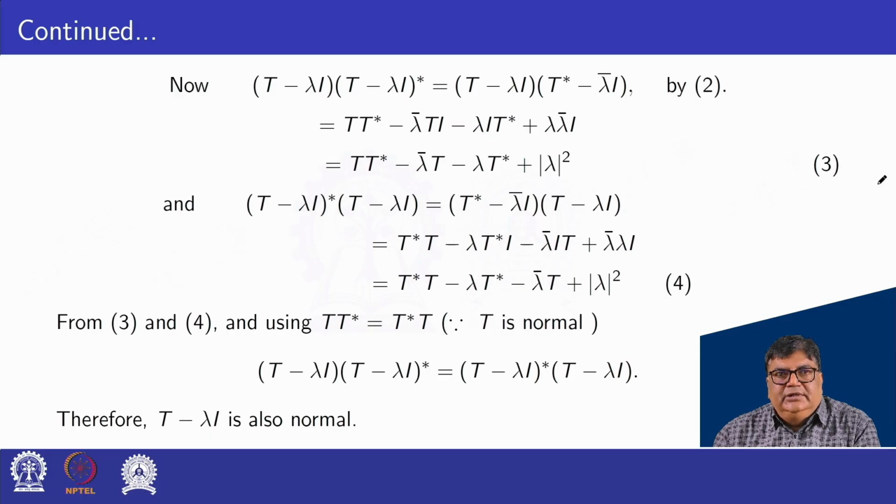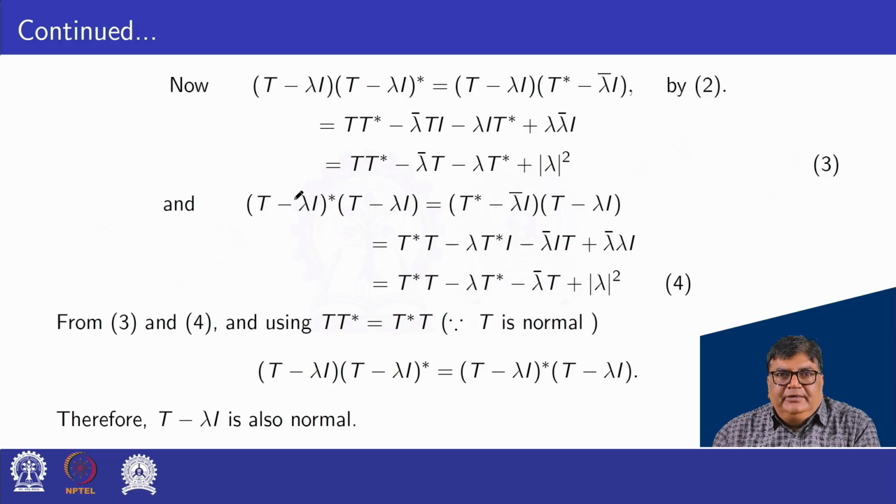This is equation 3. Again, we find the value of the reverse of this, that is (T − λI)*(T − λI).